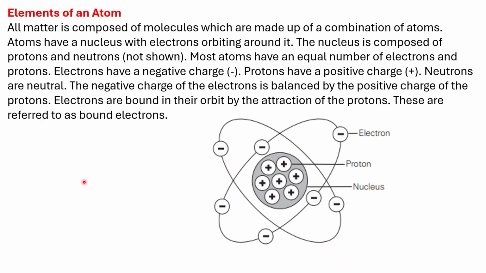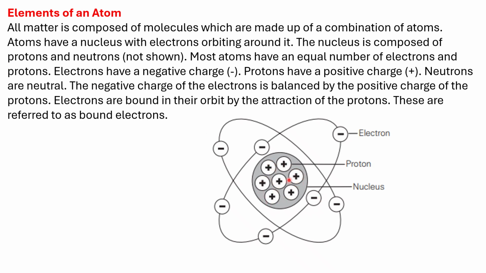Friends, slightly on basic concepts, an element of an atom. All matter is composed of molecules which are made up of a combination of atoms. Atoms have a nucleus with electrons orbiting around it. The nucleus is composed of protons, these are plus charges.